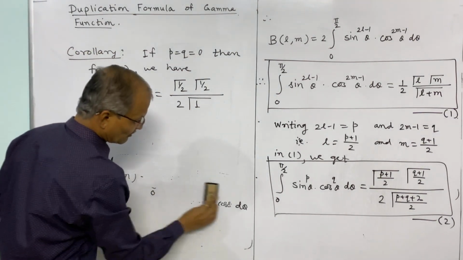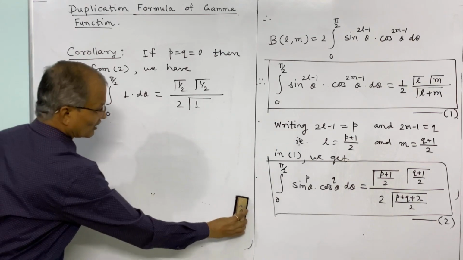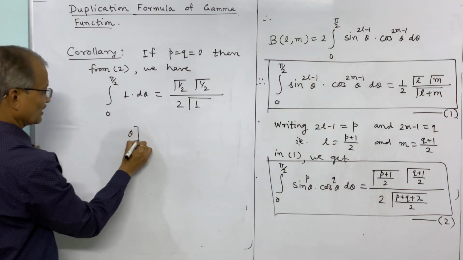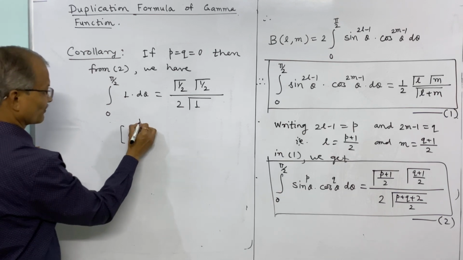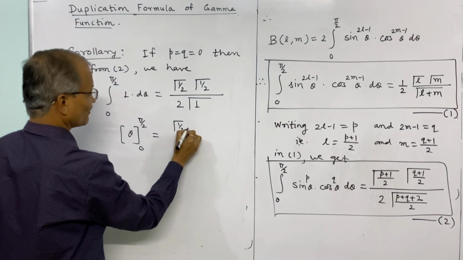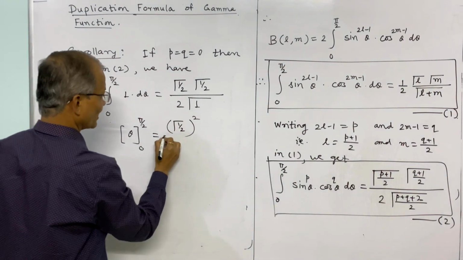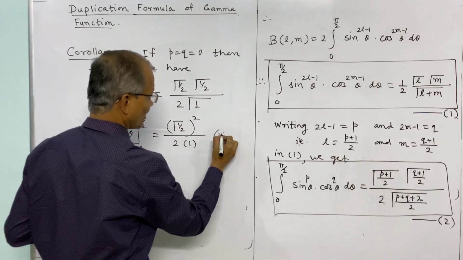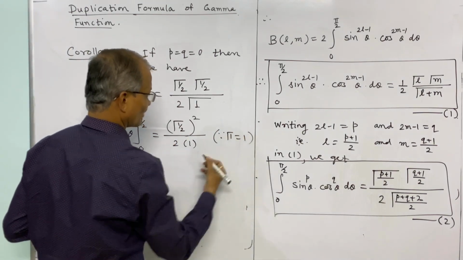And again from this, the left side is integral of d theta, which is theta only, and the limits are 0 to pi by 2. And on the right side it is gamma of half whole square divided by 2 into 1, because we know gamma of 1 is equal to 1.